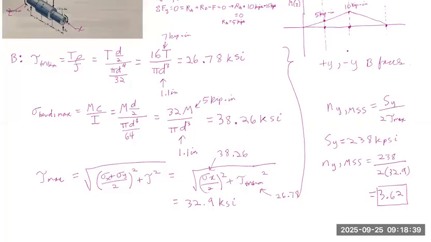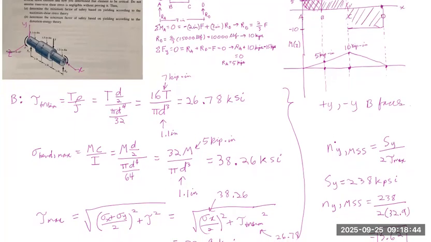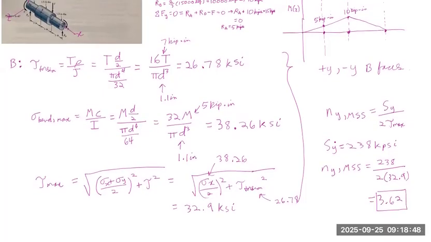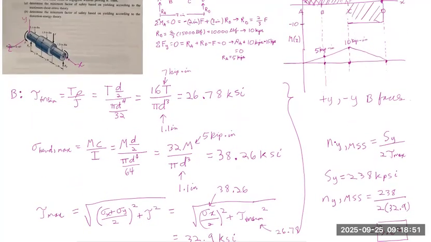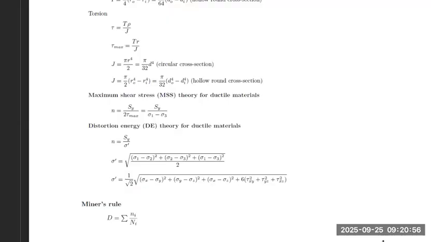Now while we're here, we can actually solve for part B, the factor of safety based on the distortion energy theory, and we use this equation over here. So we can use not the principal stress form, but the second one down here, because we are concerned with sigma x and sigma y here; we didn't really solve for the principal stresses.